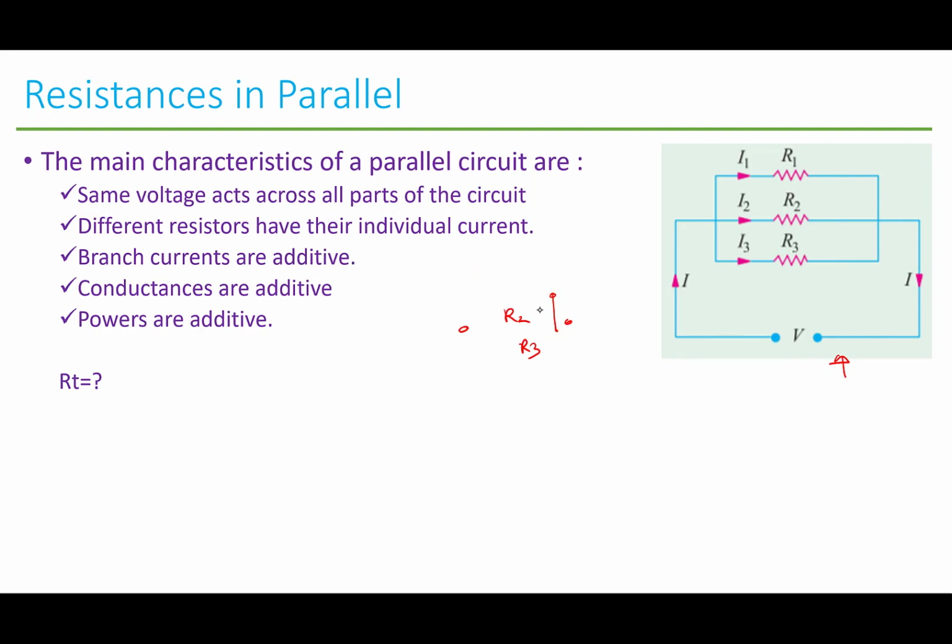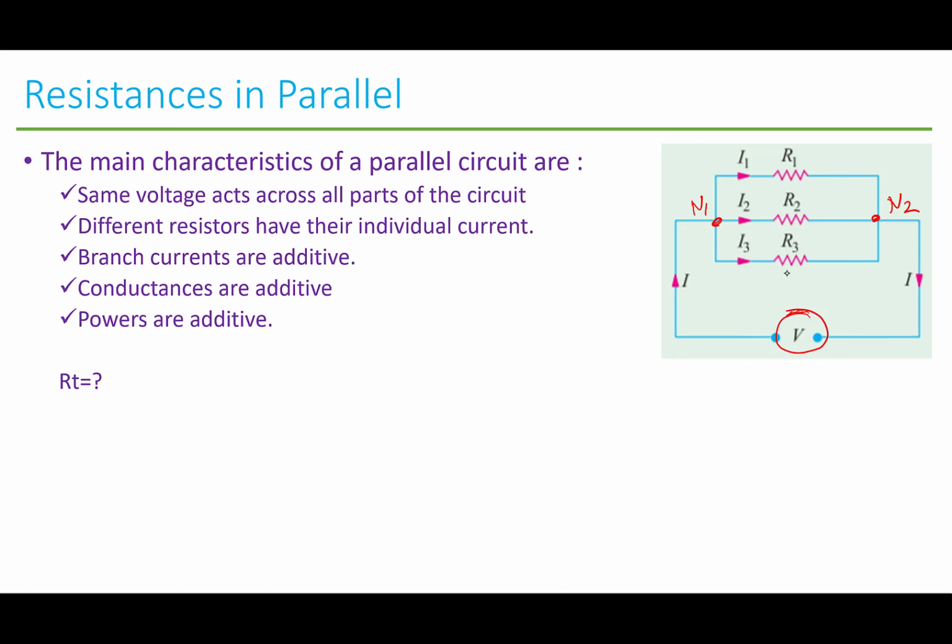Now these three resistors, whenever connected in parallel, have some special characteristics. All the resistors connected in parallel share the same voltage, this voltage V. That means across node N1 and node N2, the voltage is always the total voltage V. However, the currents through individual resistors will vary: I1 for R1, I2 for R2, and I3 for R3.